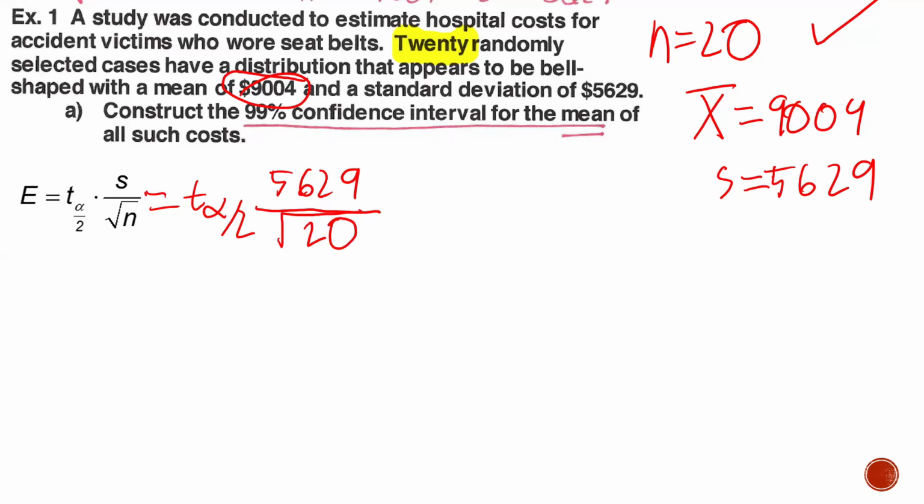Okay, so we have most of this formula set up for us, but we are missing T alpha over 2, which is the critical value. The critical values for T alpha over 2 are in your chart, right? Now, the critical values depend on two different things: the horizontal dimension and the vertical dimension of the chart. So the horizontal dimension of the chart depends on, that's the vertical.